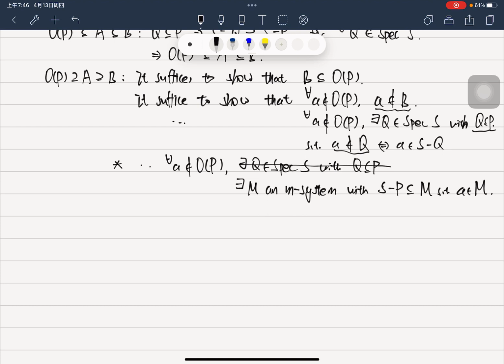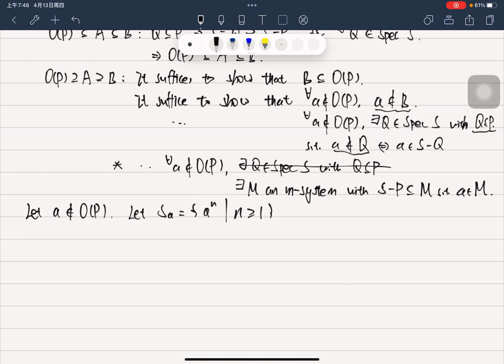Now we let A be not contained in OP. And we let SA be the set of powers of A. Since A is not contained in OP, A is non-zero. The set SA, the powers of A, does not contain the zero element.